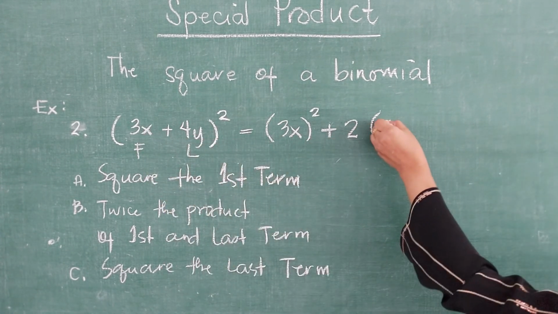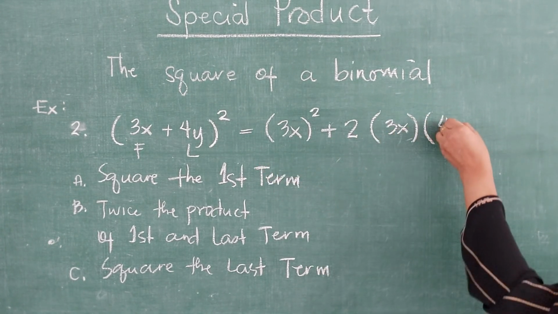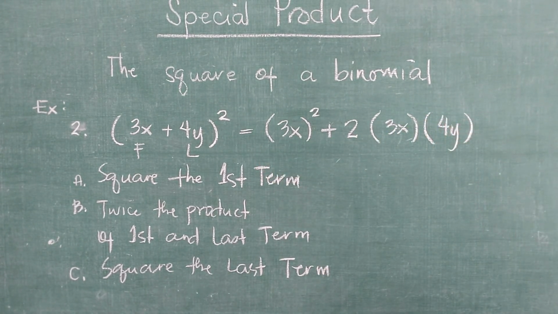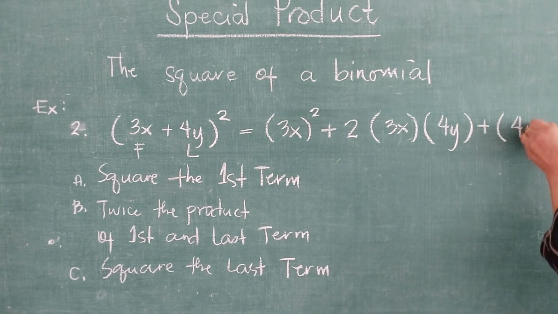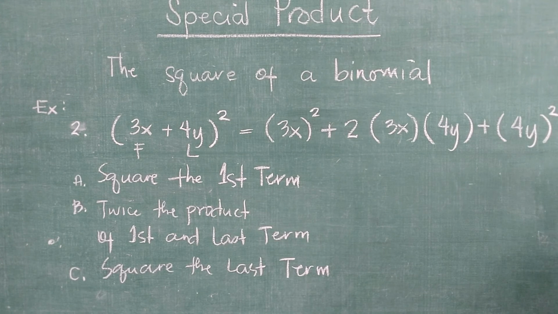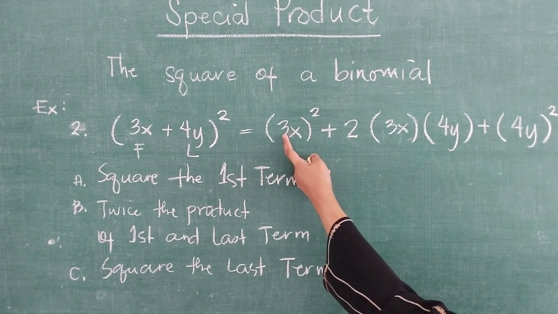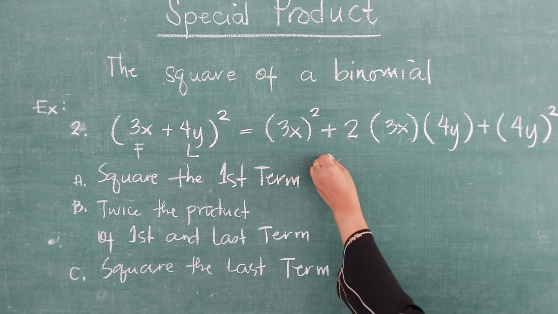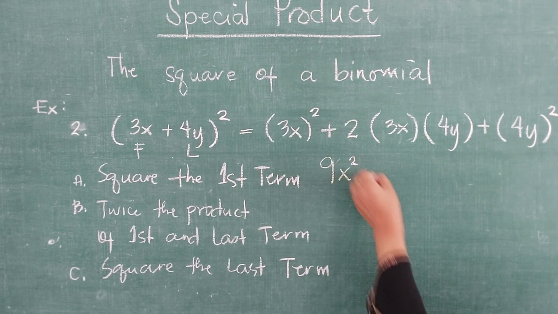First term natin is 3x. Yung last term natin is 4y. Third step, letter C, square the last term. So square the last term, (4y) squared. Next, let's answer. 3 times 3 is equals to 9, x times x, x squared.